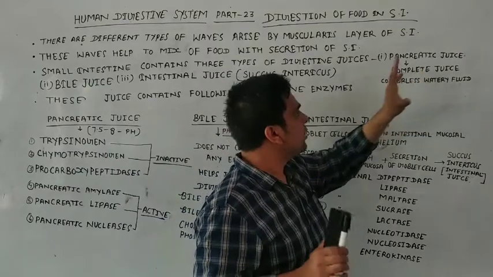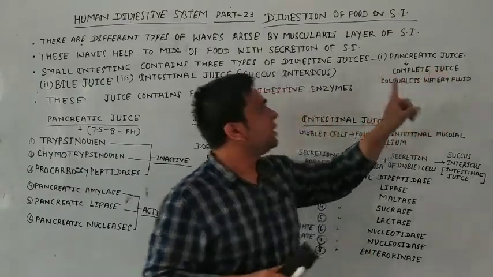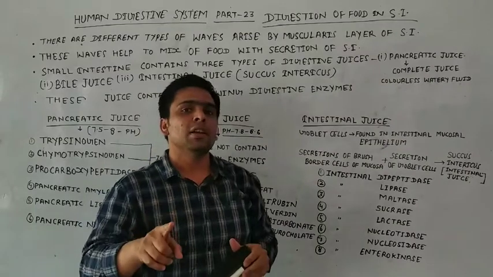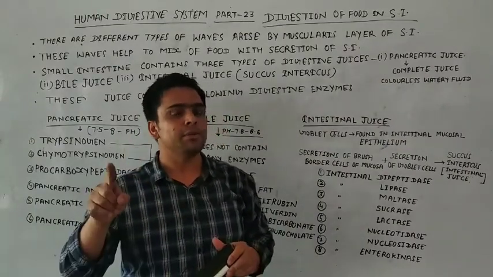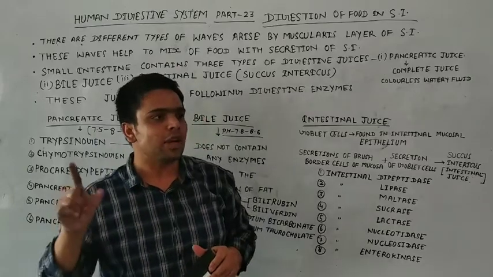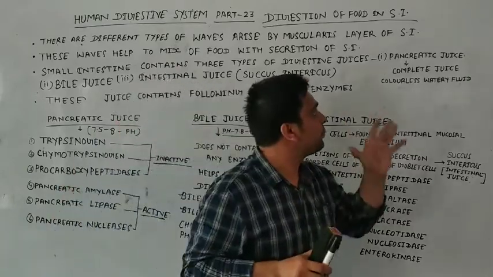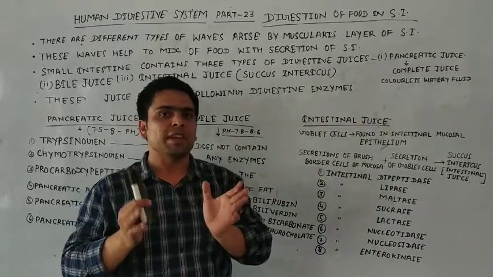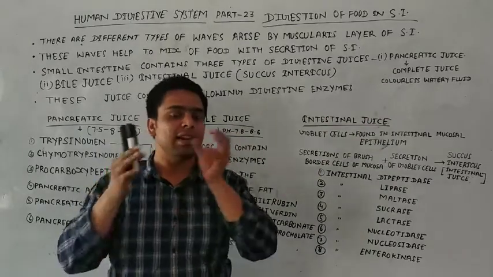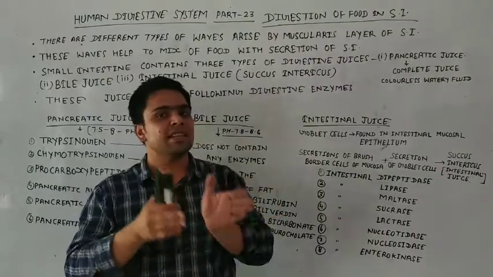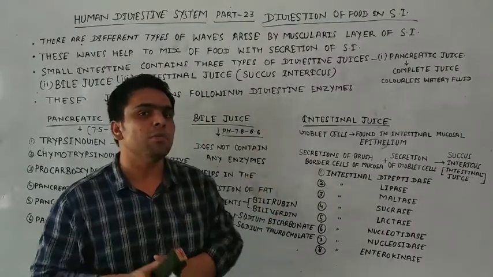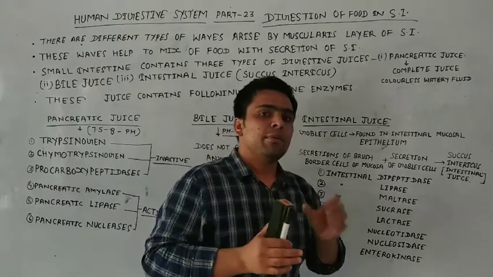One more thing I have not mentioned here: pancreatic juice is secreted through which portion of the pancreas? It is secreted by the acini portion, which is also called the exocrine portion. You must know, students, that there are two portions of the pancreas. The first one is endocrine, the second one is exocrine, and the maximum part of the pancreas is covered by the exocrine portion.